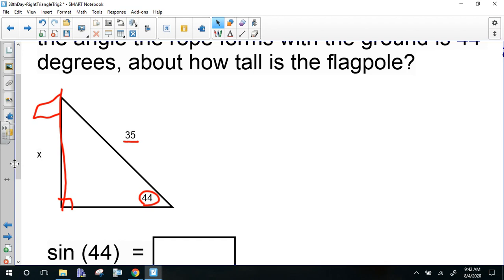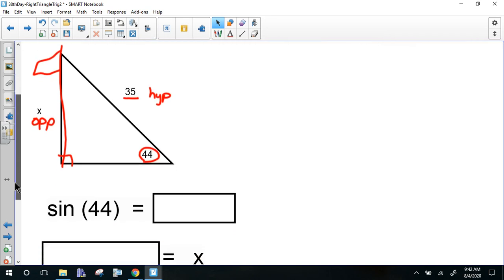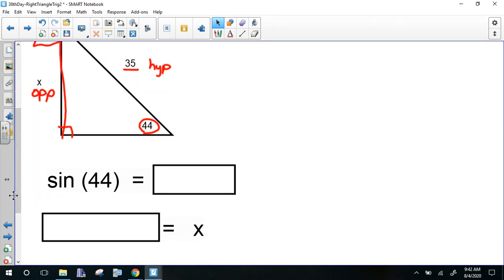I know that if I look from this 44-degree angle, this side's opposite, and this side should be hypotenuse. Well, I know I've got to use sine to figure this out. Sine of the angle, 44 degrees, equals x over 35, opposite over hypotenuse. I cross multiply. Here's a shortcut for you.